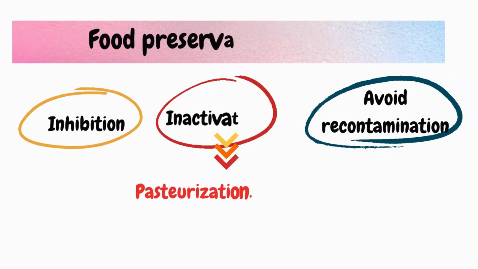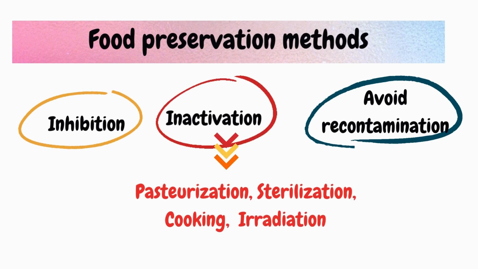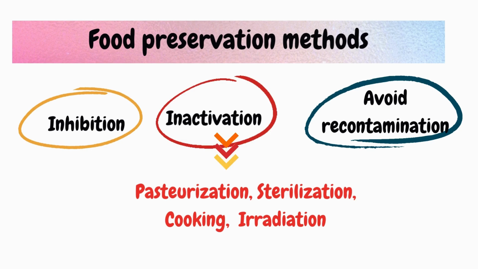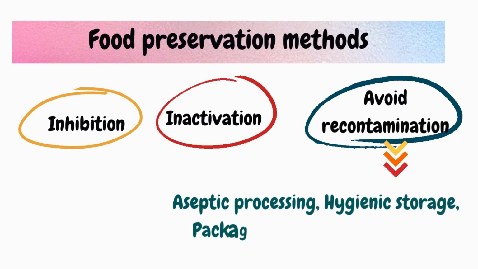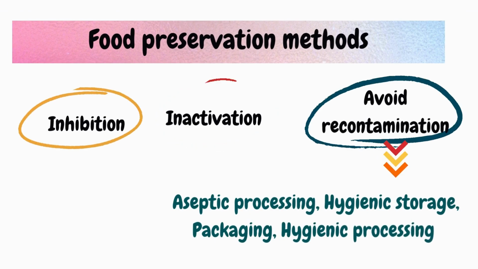Methods that directly inactivate or kill bacteria, molds, yeasts and enzymes include pasteurization, sterilization, cooking, and irradiation-like methods. Methods that avoid recontamination of the product before and after the processing include aseptic processing, hygienic storage, packaging, hygienic processing and more.